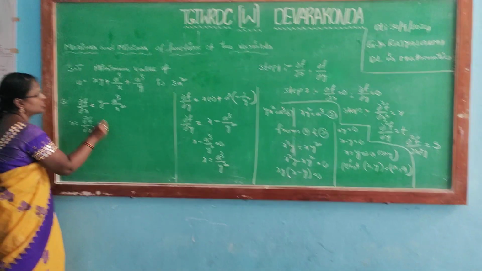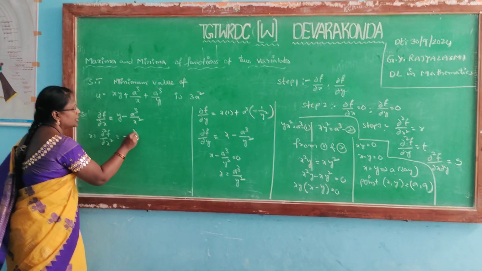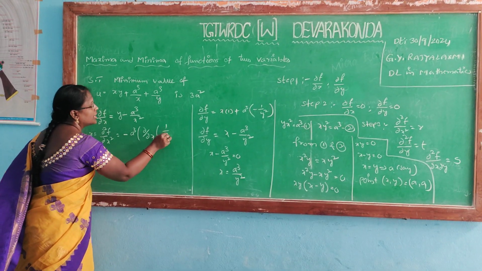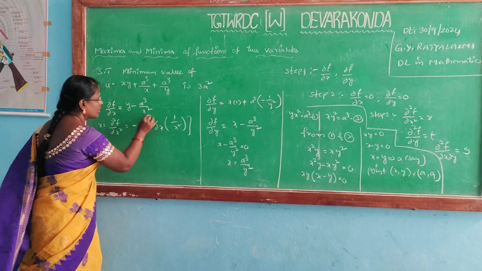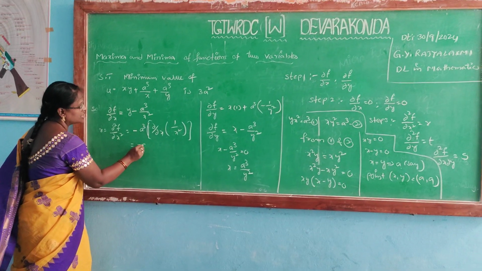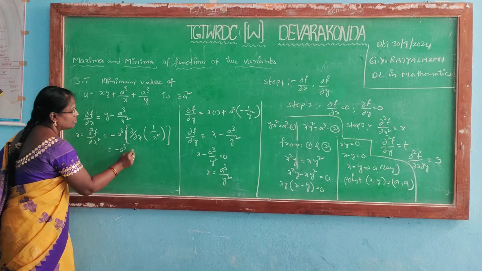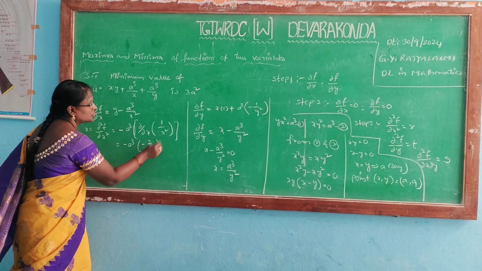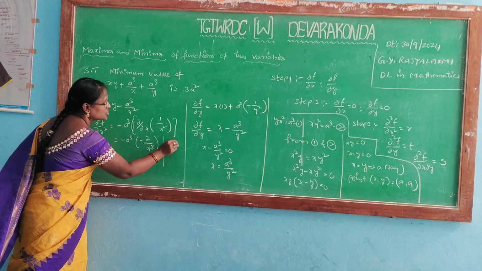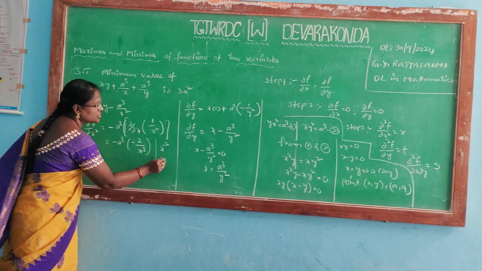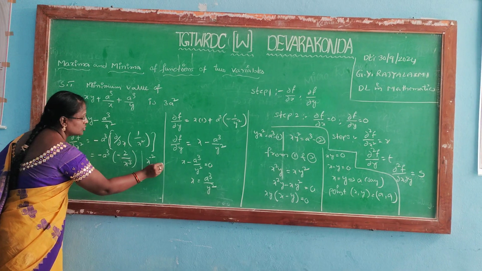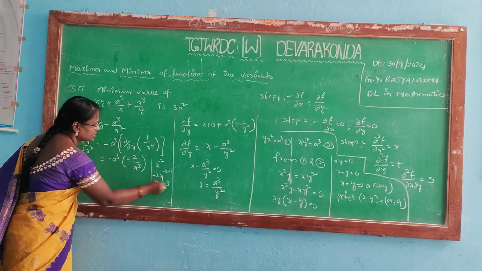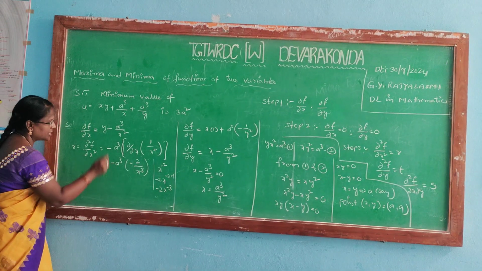The first term is 0, and minus a³ times ∂/∂x of 1/x². x to the power minus 2 differentiates to minus 2 x to the power minus 3, that is minus 2 by x³.